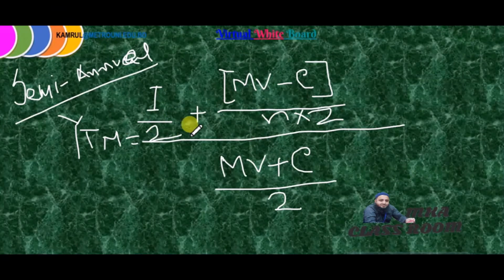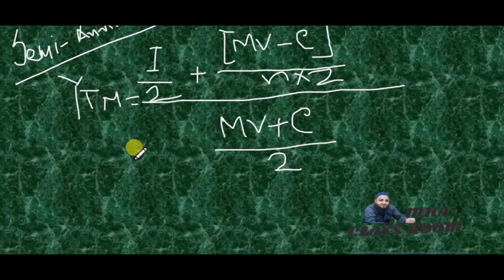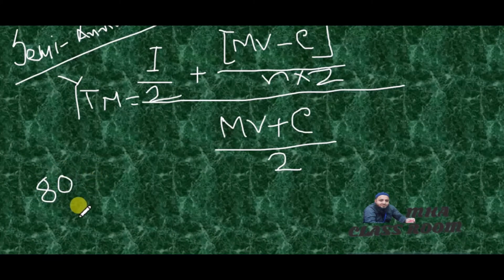So here is an example that we are going to do, that has 12 years to maturity and 80 taka annual coupon. So 80 taka annual coupon and 12 years to maturity.